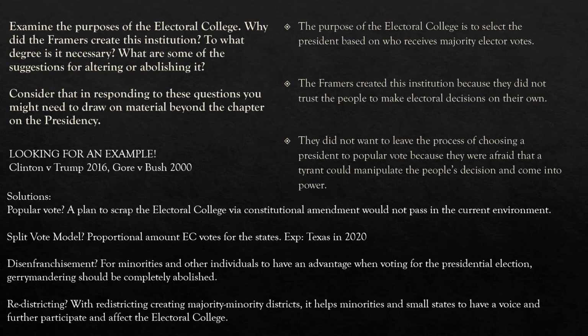I'll mention now that in your answer we were looking for an example, even if you just briefly mentioned either Clinton or Trump or Gore or Bush. I believe you got full points, or even if you just mentioned an instance of the Electoral College being a deciding factor within an election. But yes, we were looking for an example.